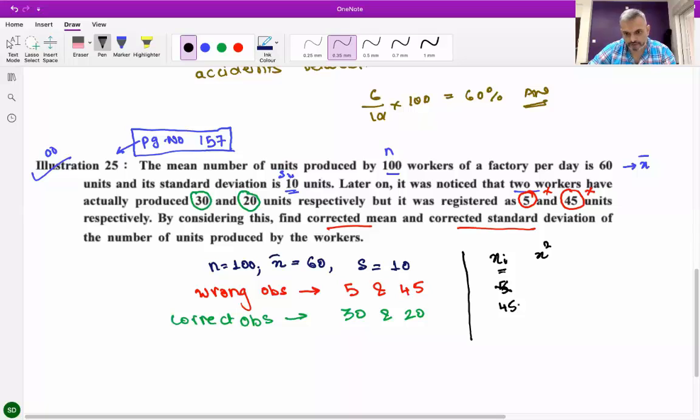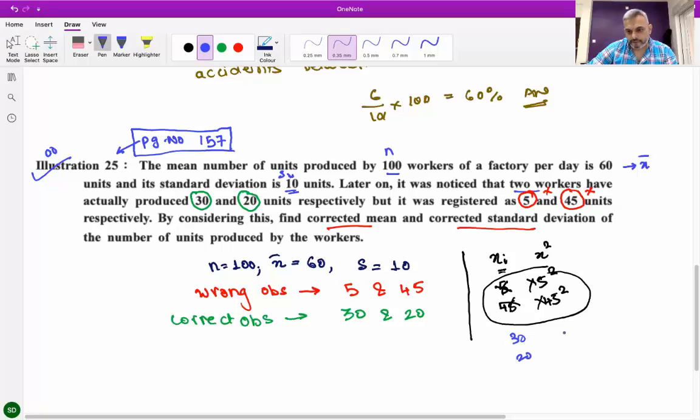These are wrong observations. So the square of these wrong observations is also wrong. Instead of this, we are supposed to take 30 and 20. So 30 square and 20 square is what we should have taken.